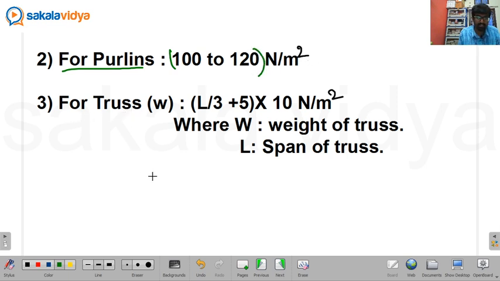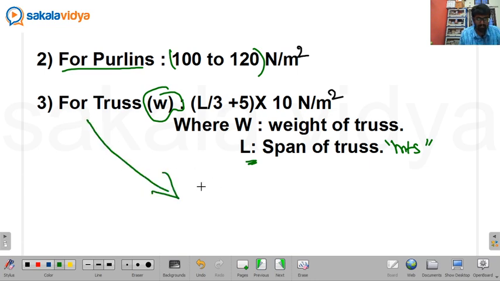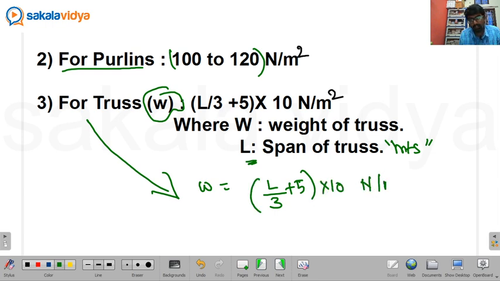For a truss, where W is equal to the weight of the truss and L is nothing but the span of the truss in meters, the unit should be in meters. So for a truss, the formula to calculate dead load is L by 3 plus 5 into 10 Newton per meter square.